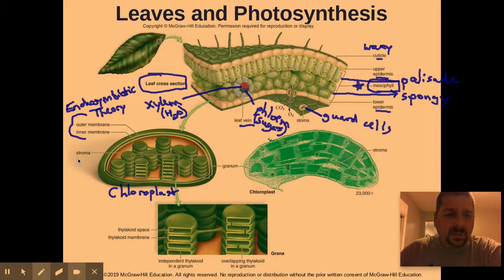The stroma is the liquidy part in here, where the second stage or light independent reactions of photosynthesis are going to take place. And then these little pancakes right here are called thylakoids, the little flat pancakey membranes, and this is where you're going to find your chlorophyll, your green pigment, and where the light harnessing or light dependent reactions, the first step of photosynthesis, is going to take place. And then the whole stack of thylakoids is called a granum, or grana for plural.